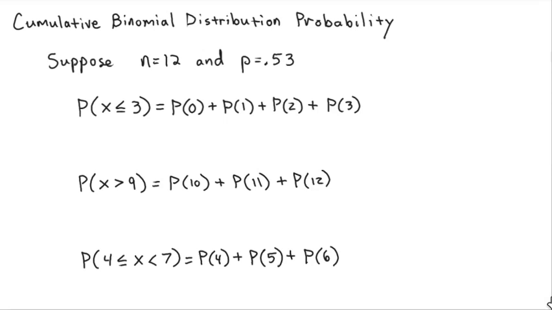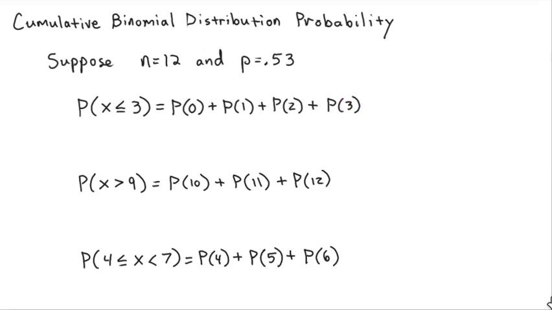When we combine more than one of them together, we call that a cumulative probability. So suppose we have a binomial situation where n is 12 and p is 0.53, and we want to know the probability that x, the number of successes, is less than or equal to 3. Well, 0 is less than or equal to 3, 1 is, 2 is, and 3 is.